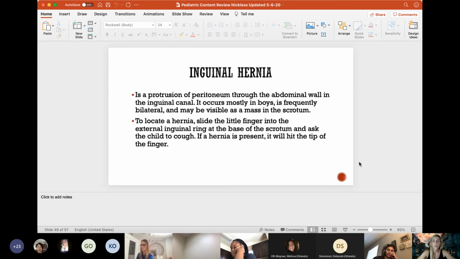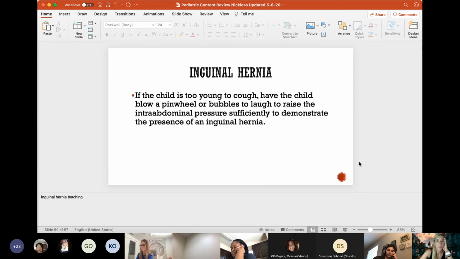Sometimes you may see an inguinal hernia in kids. It is most common in boys, and it can be a visible mass in the scrotum. In the first year of life, it's very common to see these. In fact, we just tell the parents to push them back in sometimes. But like I said, if it does persist, a lot of the time they will have to have surgery to fix that.